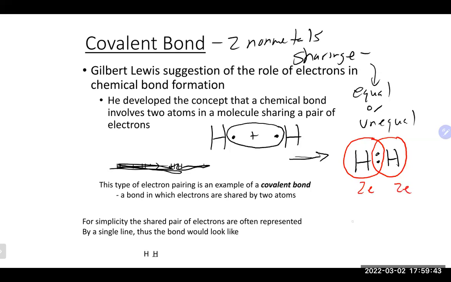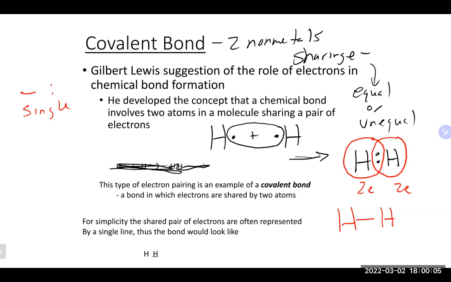You could also represent this with a line. One line represents a pair of electrons or 2 dots. That's a single bond. A double bond, as we'll see, is basically 2 lines that represent 4 dots, and a triple bond is 3 lines that represent 6 dots. So this is a covalent bond.